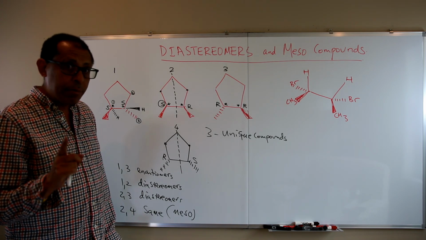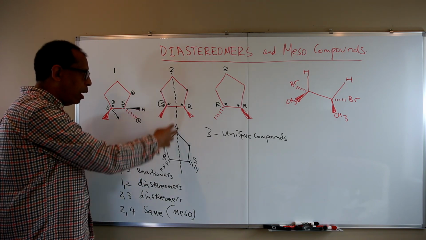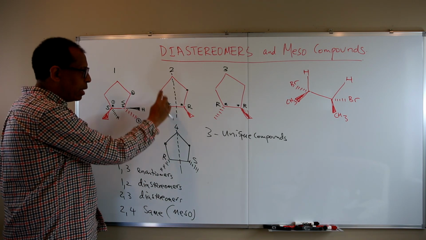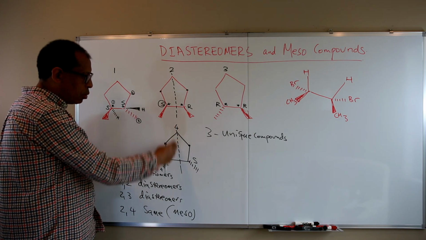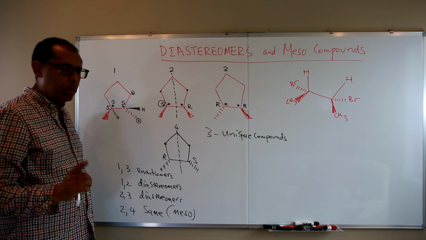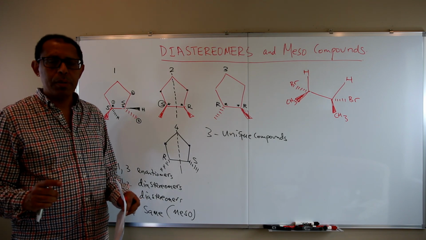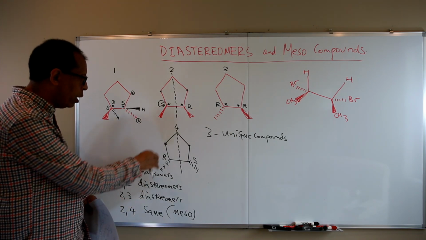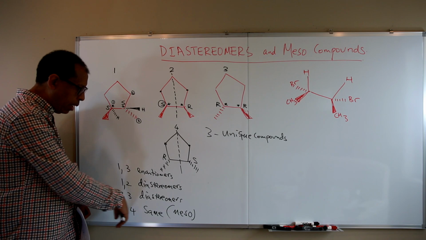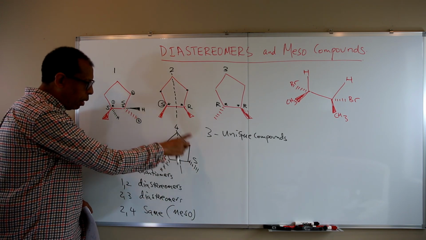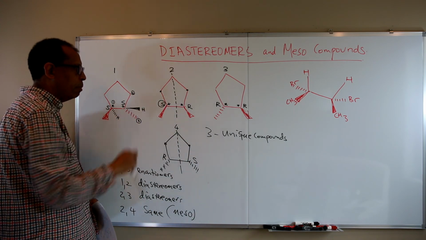But when you have a meso compound, when you have a plane of symmetry that reflects exactly that compound through a plane, that would be the same compound. 2 and 4 are the same compound. Such things happen when you have a plane of symmetry. And this is a meso compound.